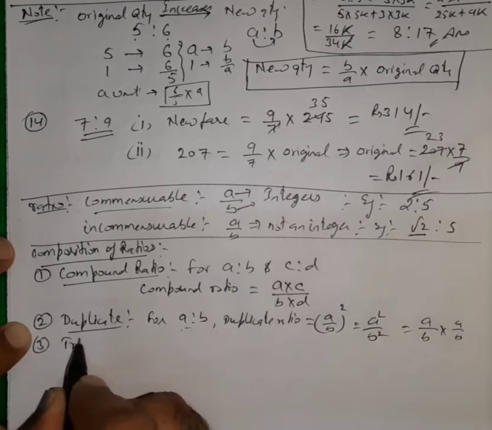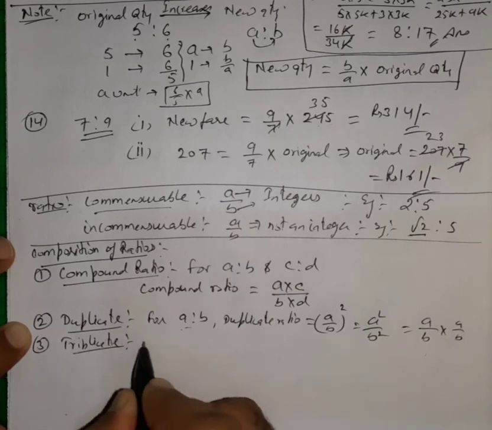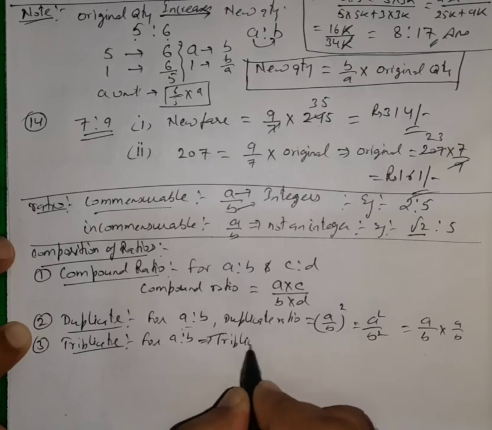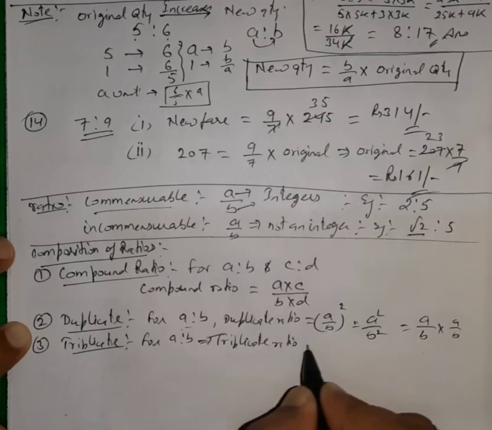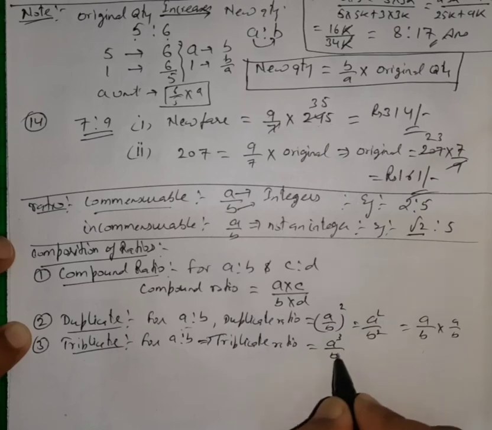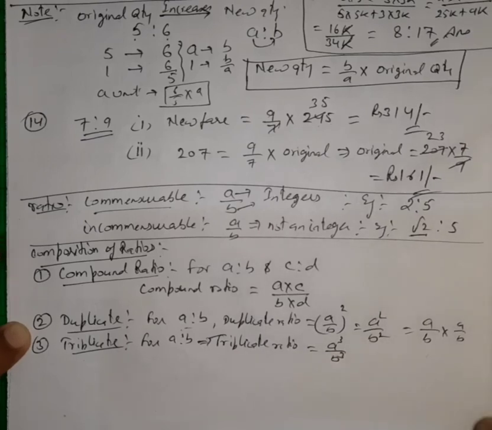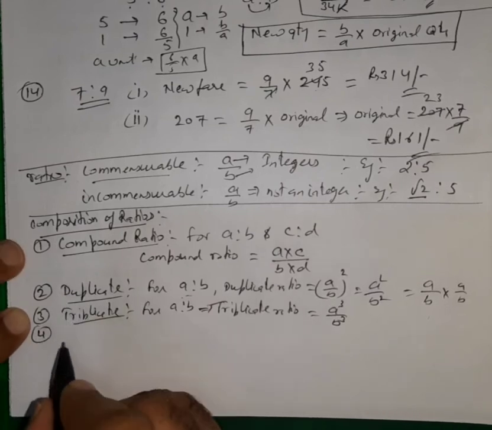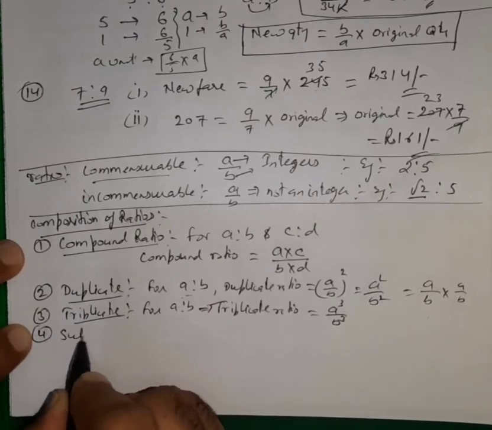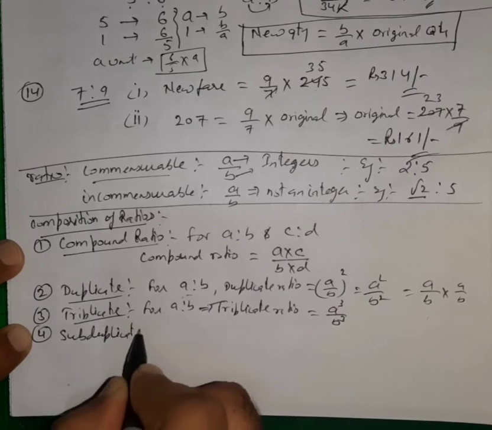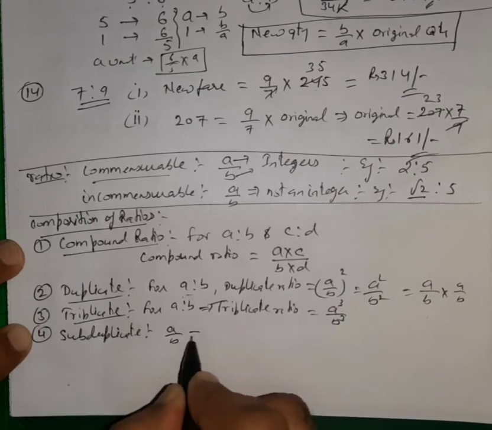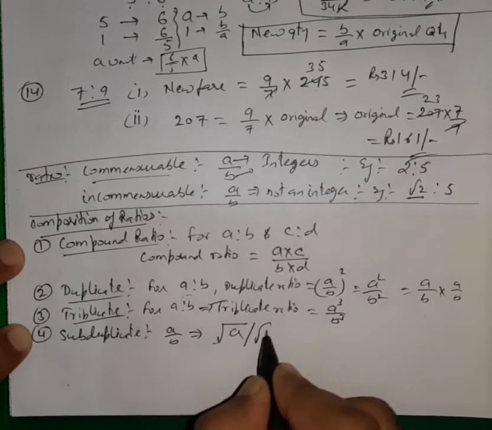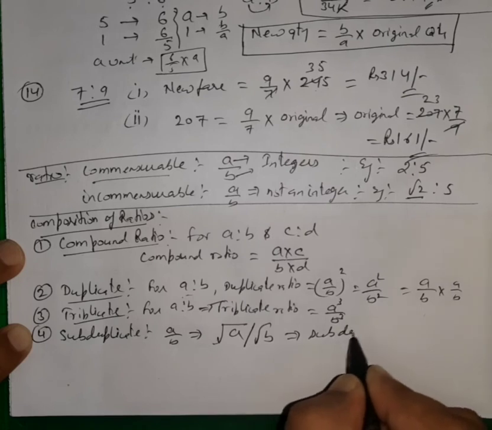Similarly, in the case of triplicate, for A is to B, the triplicate ratio is the cube. So it will be A cube over B cube. Similarly, subduplicate: for A over B, it is root of A over root of B. This is subduplicate.